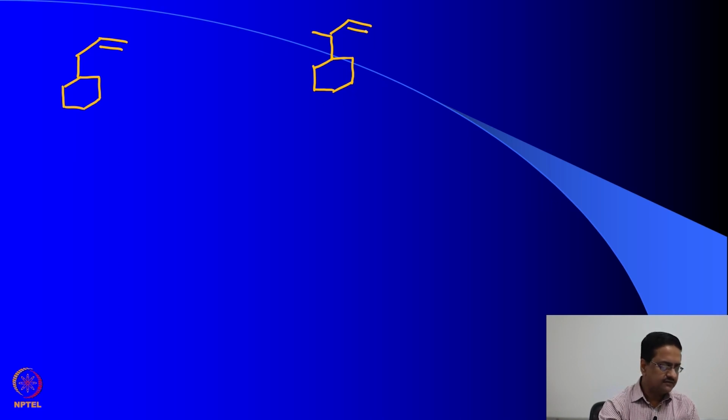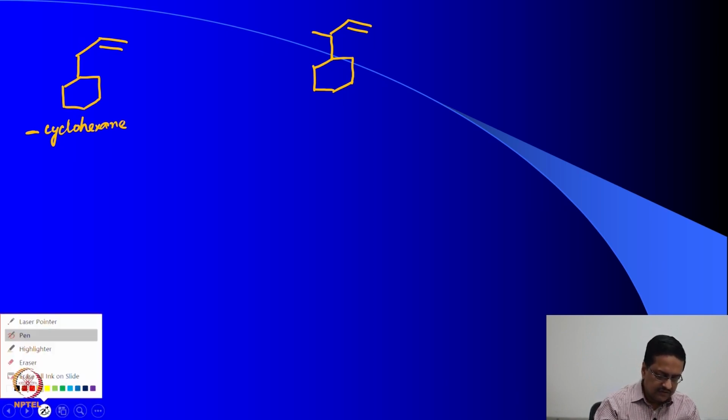So, in the first case, what we have is a cyclohexane, that is the main compound, and we have a side chain which has 3 carbon atoms. Sorry, I have not drawn it right.